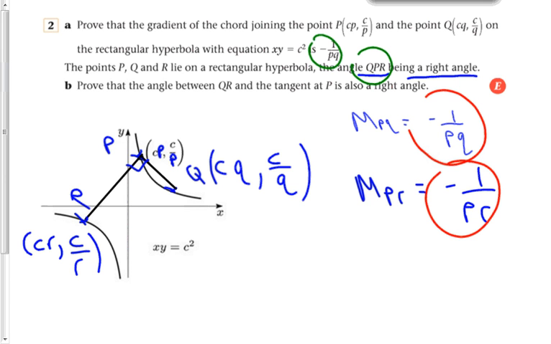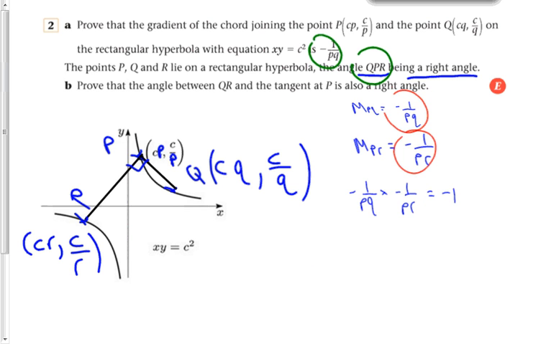So minus 1 over pq times minus 1 over pr has to equal minus 1. If I multiply out and simplify it, I get p squared qr equals minus 1. I'm going to put a little box around that, because we'll be using that.